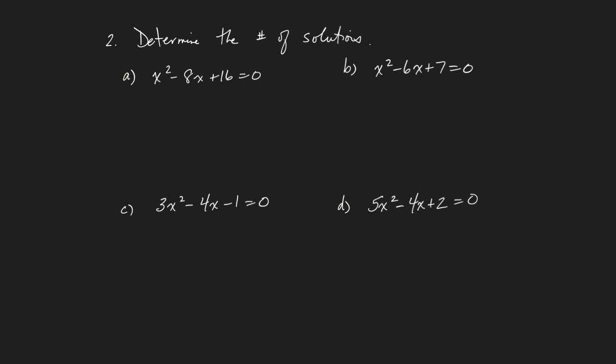Okay, so let's take a look at the instruction. Instruction, determine the number of solutions. So I don't care what the solutions are, I just care how many. So I know I'm looking for 2, 0, or 1. Well, the first thing that my eyes go to is I take a look at the whole thing.